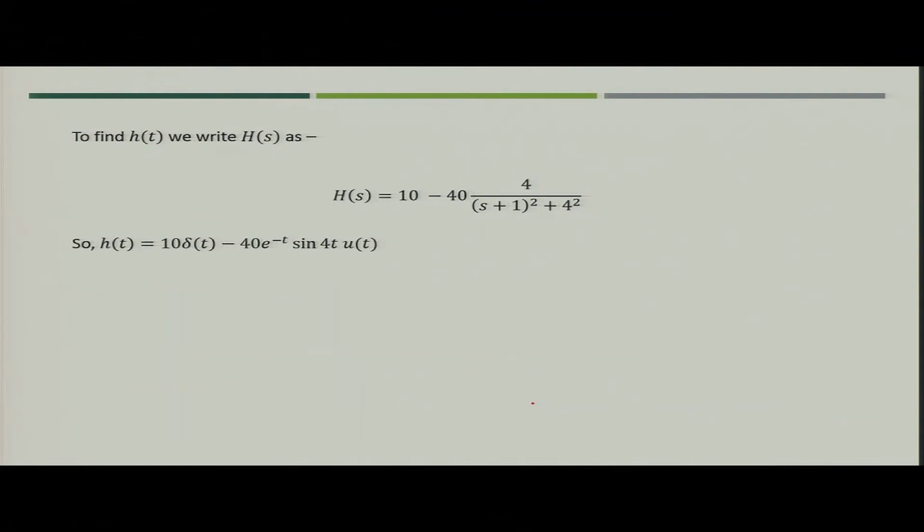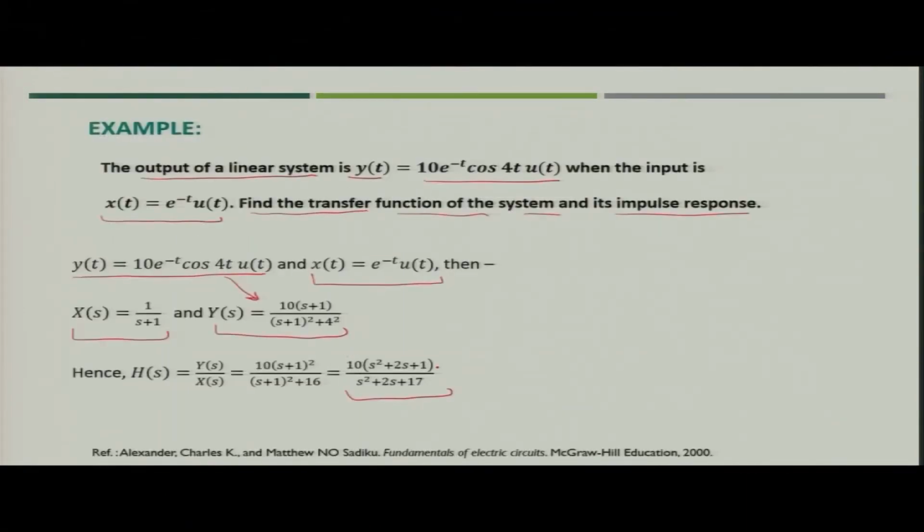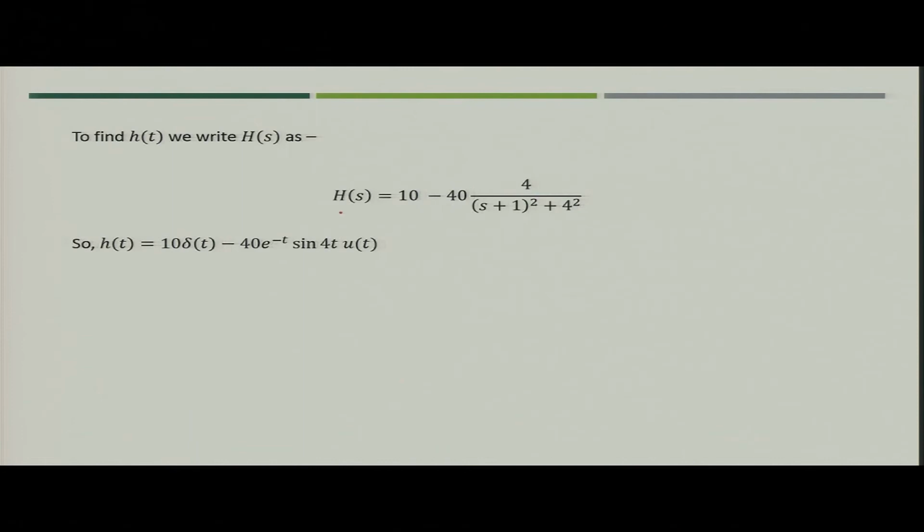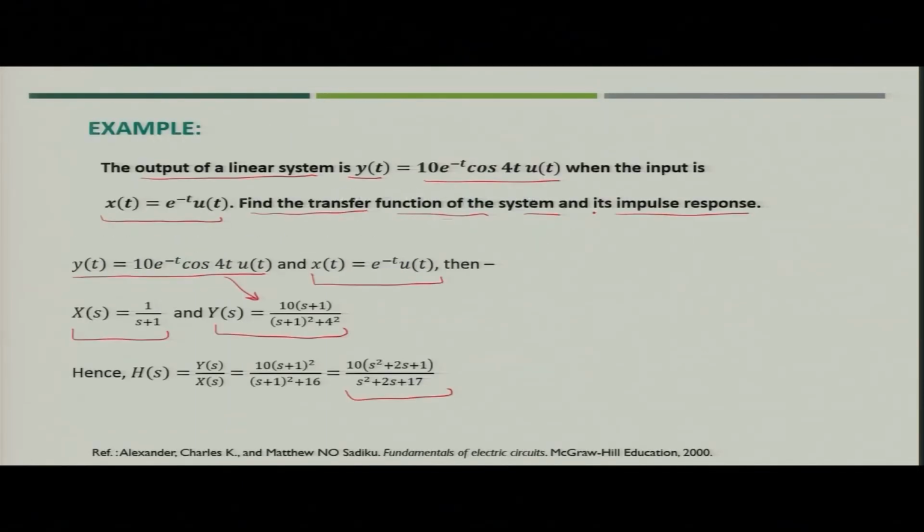Now, this particular function, if you rearrange the terms, you can simply write as H(s) equal to 10 minus 40 into 4 upon (s+1)^2 + 4^2. How? If you simplify again, you will get the same function.